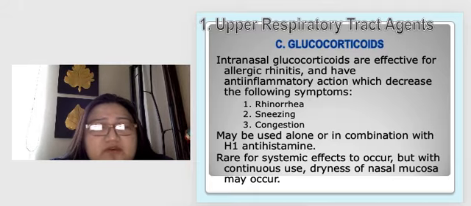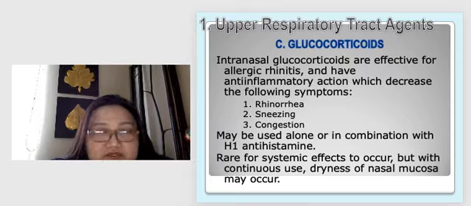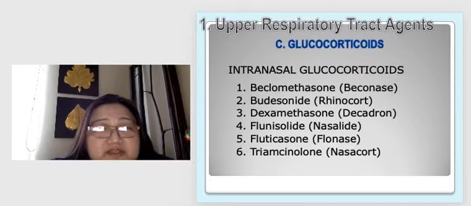Although rare for systemic effects to occur, but with continuous use, pwedeng magkaroon ng dryness of nasal mucosa. What are these intranasal glucocorticoids? Beclomethasone, although ang beclomethasone can cause oral fungal infection as an adverse effect.